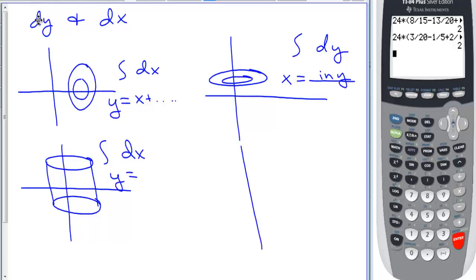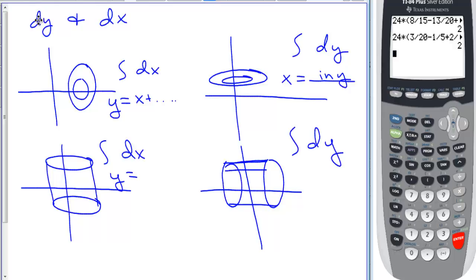And then finally, the one we did, we were revolving around some sort of horizontal axis, so you better integrate with respect to y because you're picking the edges of your cylinders based on y. So then your equation better say x equals. So that's how you pick whether you're integrating on x or y. And so hopefully that little chart comes in handy for you because it gets a little confusing.